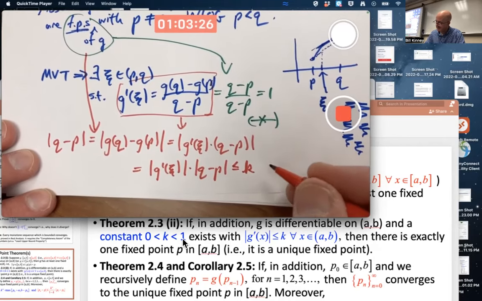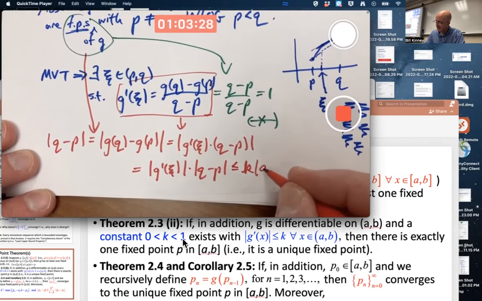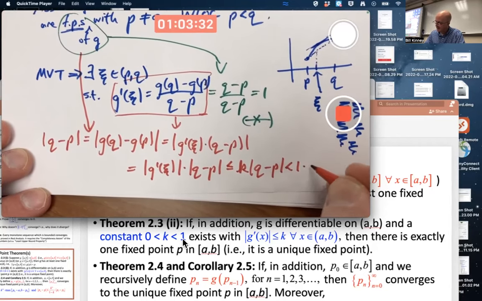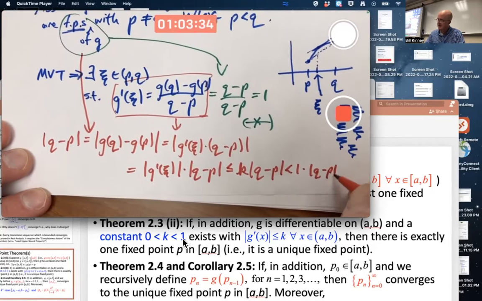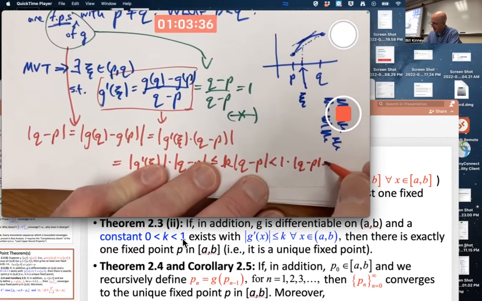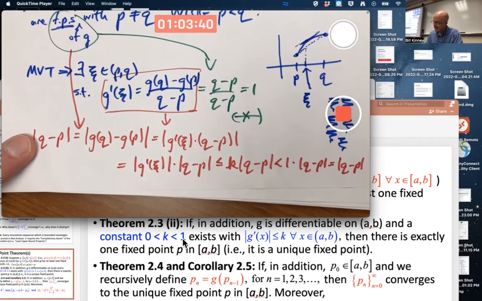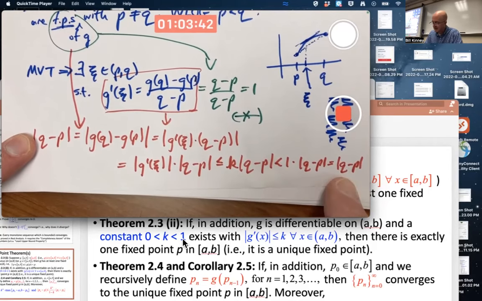The derivative at c must be less than or equal to k. But hey, k is less than 1. And so we get, in the end, that the absolute value of Q minus P is strictly less than the absolute value of Q minus P. A number is less than itself. Impossible. There's your contradiction. A number can't be less than itself.